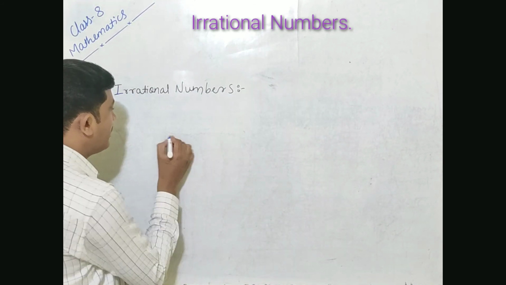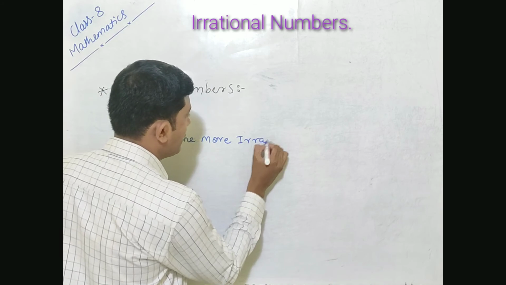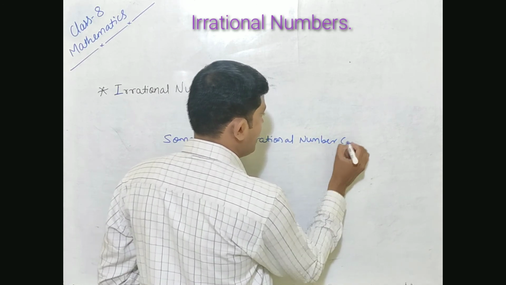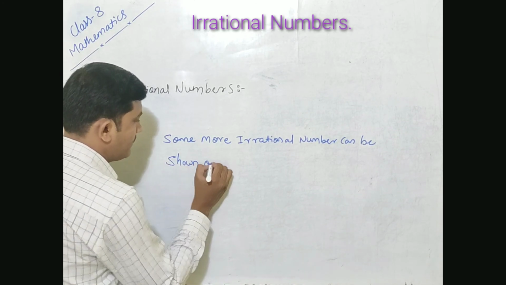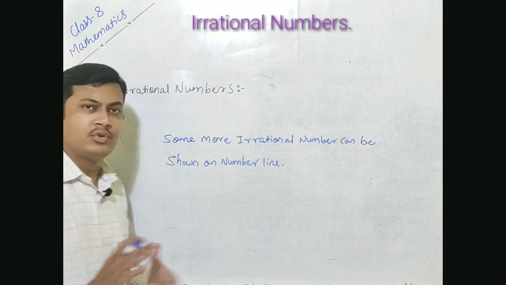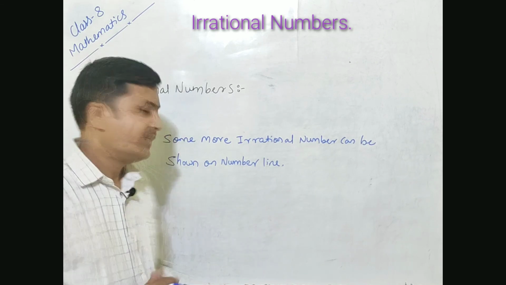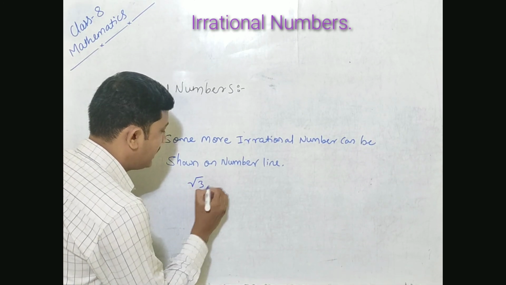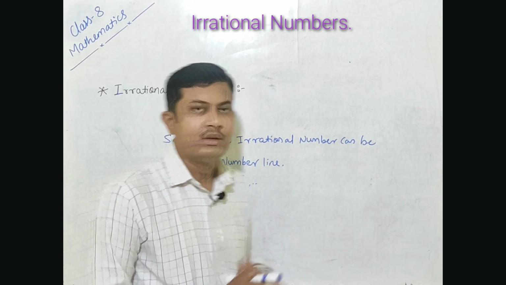In the same way, we can again show some more irrational numbers on the number line, such as the square root of prime numbers, for example root of 3, root of 5, root of 7 and so on. So in this way we have seen the topic irrational numbers.